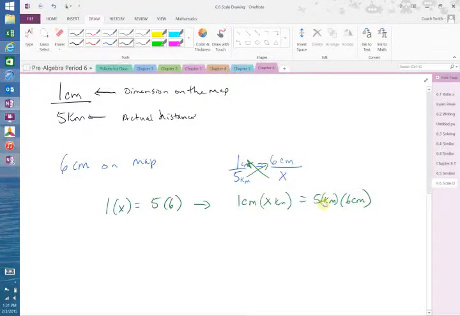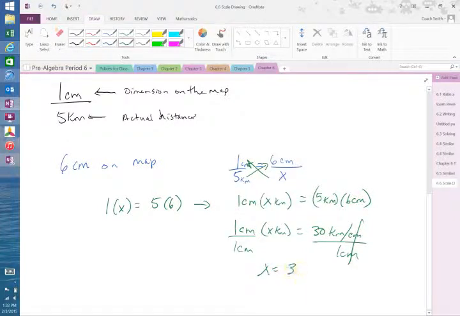If you multiply this out, that's 1 centimeter x kilometers equals 30 kilometers centimeters. When I divide to get the centimeters off, I divide over here as well. Centimeters cancel out, leaving me with kilometers. And so x is equal to 30 kilometers.